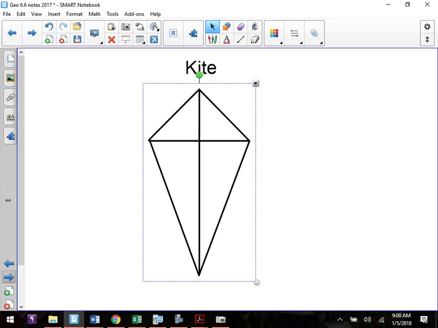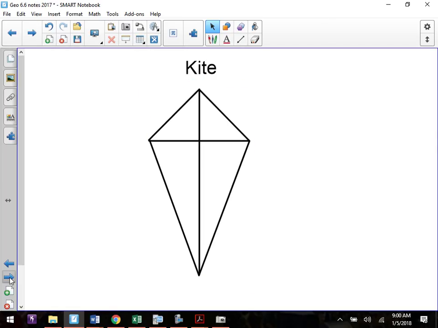Kites. Properties of kites. The easiest way to draw a kite is to do a plus sign or a lowercase t, and just connect the dots. Like that. I'm not very good at drawing. That's your best way of doing it. A kite is basically, if you want to think of it this way, two isosceles triangles that share the same base.